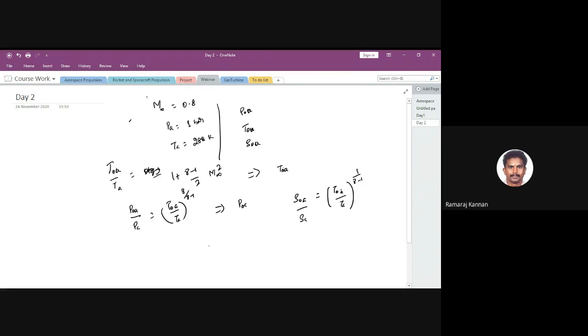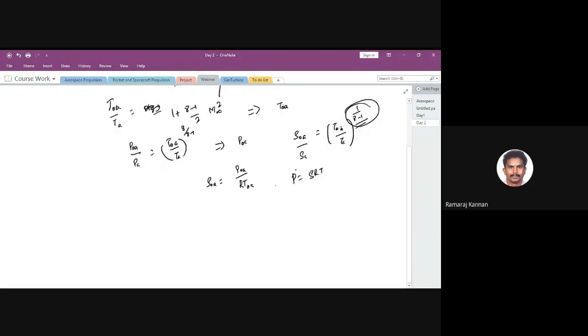Using that you can find it. Otherwise, we can use P0A equal to ρ0A R T0A, since P equals ρRT is valid.